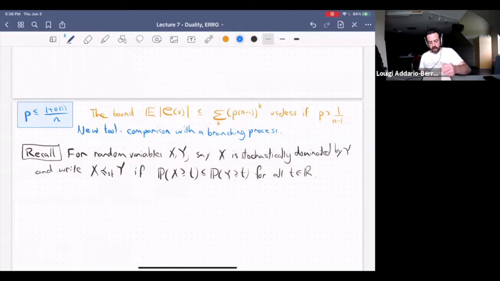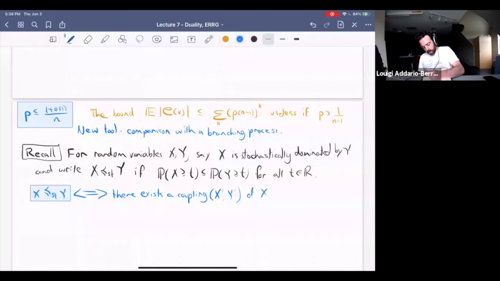Okay, and so equivalently, X is stochastically at most Y if and only if there's a coupling X', Y' of X and Y such that the probability that X' is at most Y' is equal to 1.